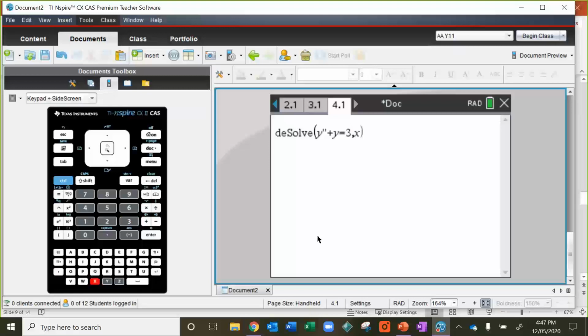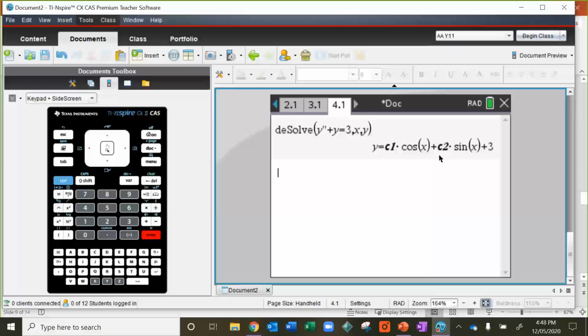Again, we go comma x and comma y. So notice what happens here. We got two constants, and those constants are clearly different. Because if you solve by hand, you need to find dy/dx first, and then you get the first constant, and then you integrate again and get a different constant.